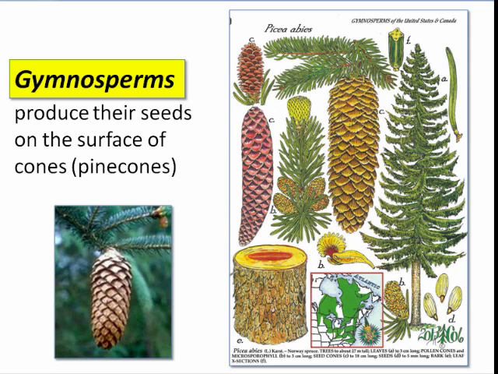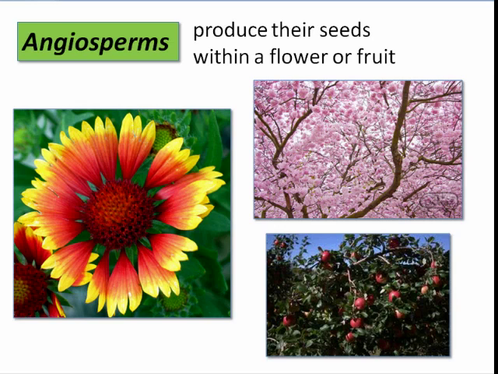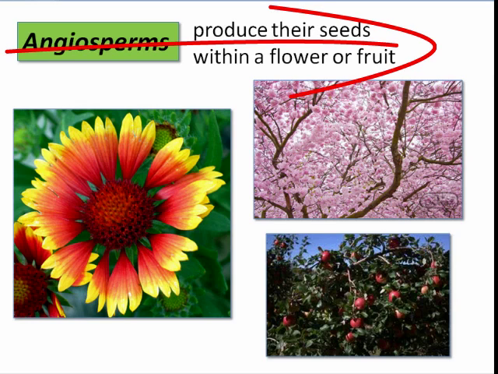Okay, now Coach Holmes is going to talk to you about angiosperms. Thanks, Coach Nelson. You're welcome. Okay, so we're talking about flowers that make seeds. The difference between angiosperms and gymnosperms is that angiosperms produce some kind of a flower or a fruit that covers their seeds.